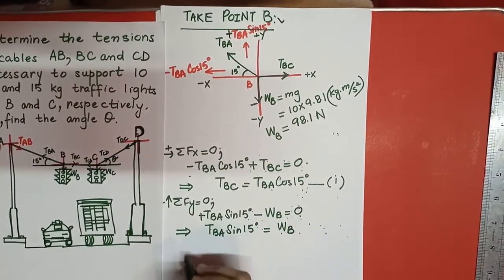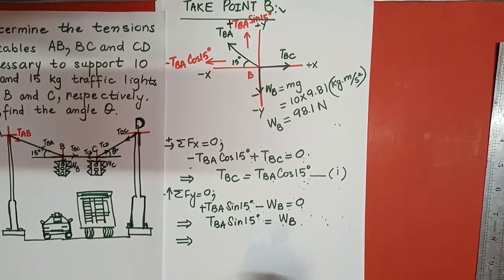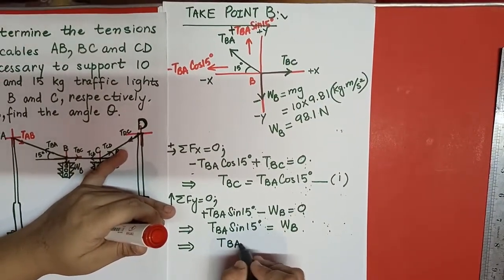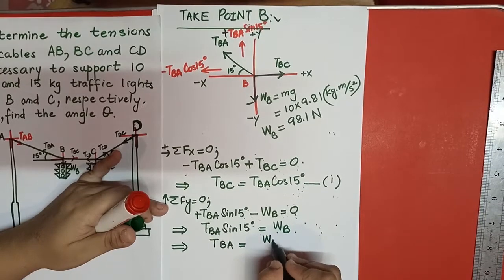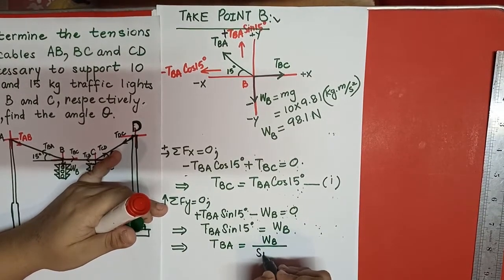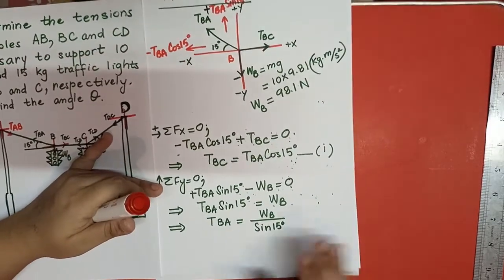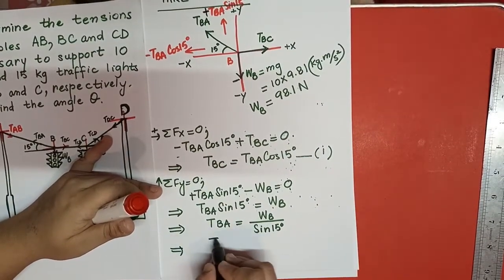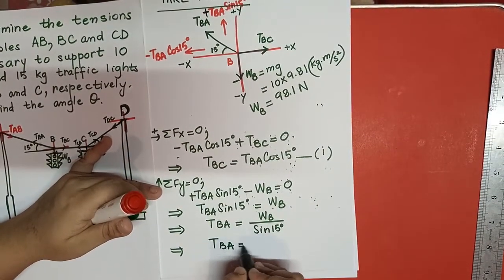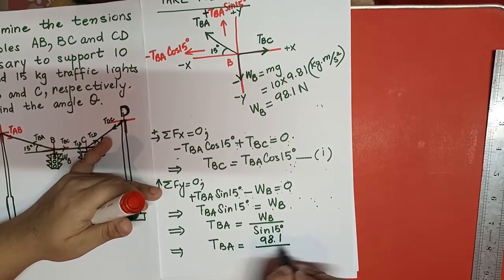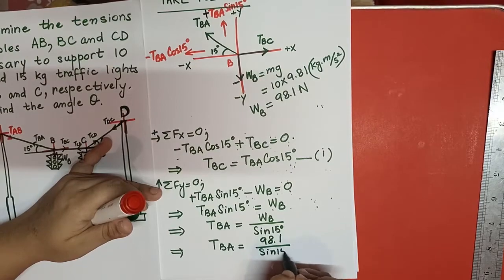Now you have to find out TBA from here. So TBA is equal to WB upon sine of 15 degree. So TBA is equal to WB, which is 98.1, divided by sine 15 degree.